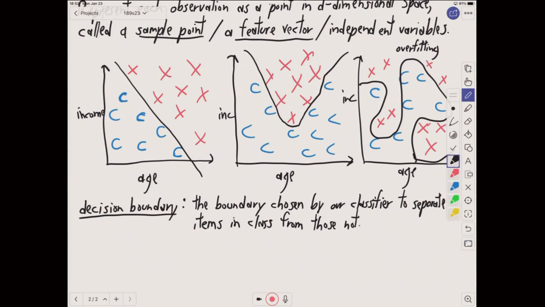But unlike the decision boundaries I've drawn there, they don't always have 100% training accuracy, because sometimes it's better to sacrifice training accuracy to get better test accuracy.